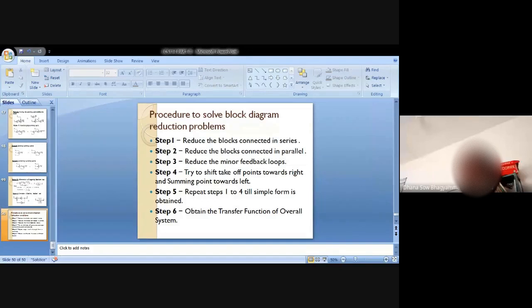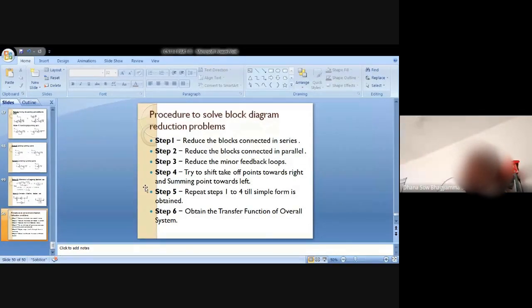Next, we must reduce the minor feedback loops, meaning small feedback loops. There will be large feedback loops as well as small feedback loops. While solving problems, it will be very clear to you and you will be able to differentiate between small and larger feedbacks. Next, step number 4: try to shift the takeoff point, meaning the branch point, towards the right, and the summing point towards the left.